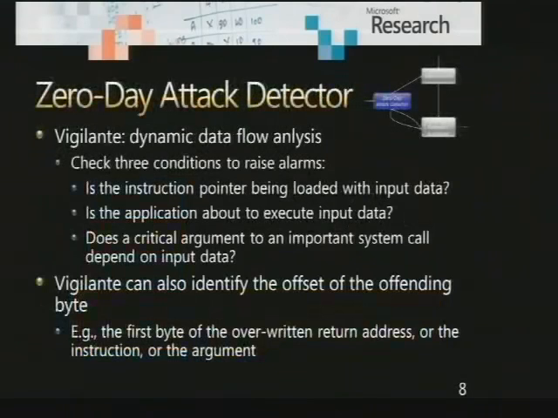In the Shiogen system, for the zero-day attack detector, we use a system called Vigilante. Actually, Shiogen is not limited to Vigilante. Anything that can detect attacks can be used here, because it's just an oracle.